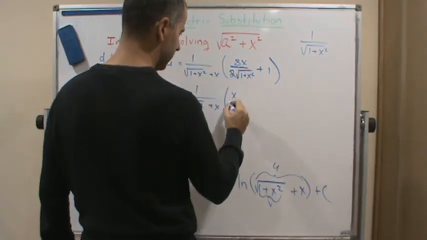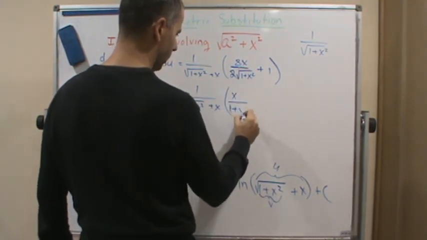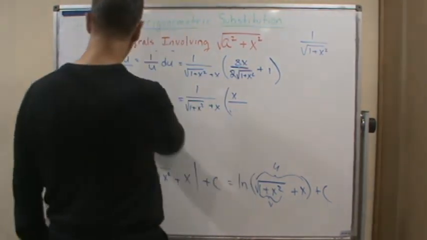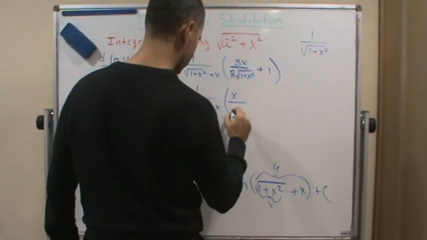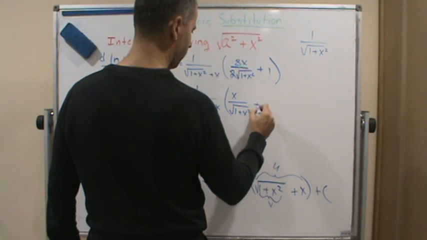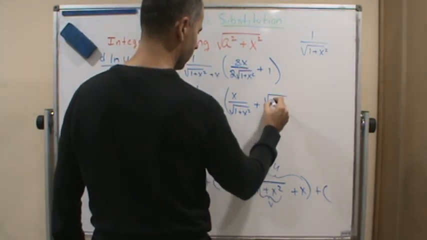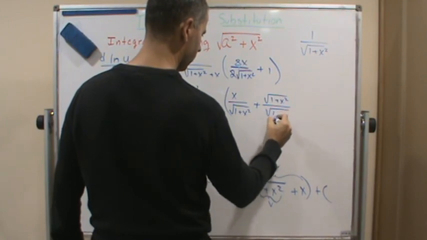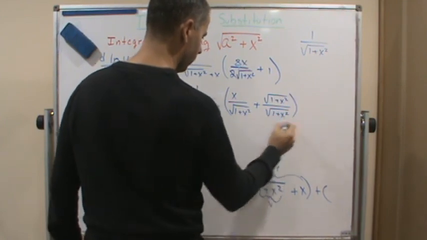So I get x over 1 plus x squared, plus, right?